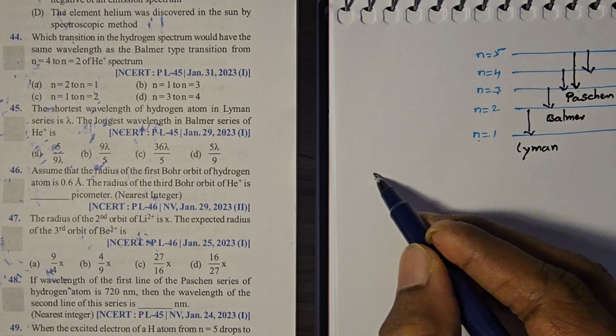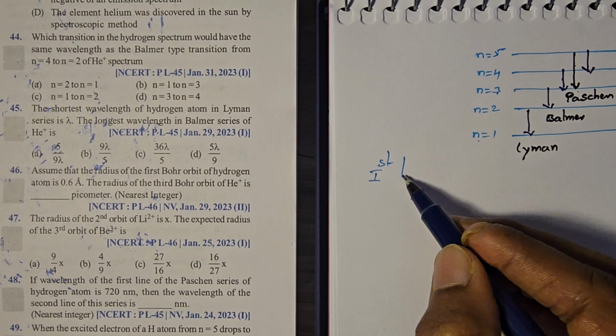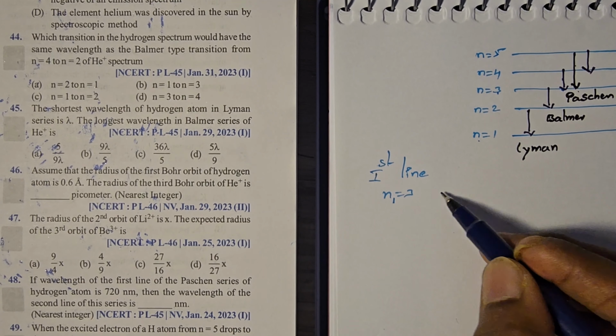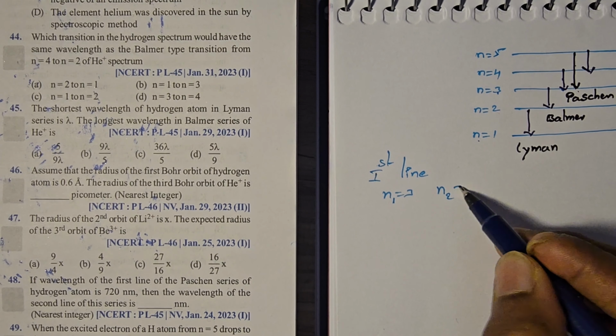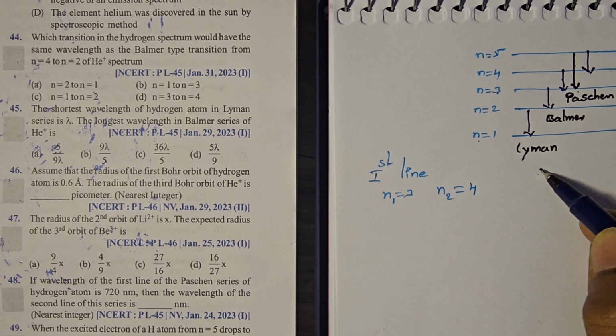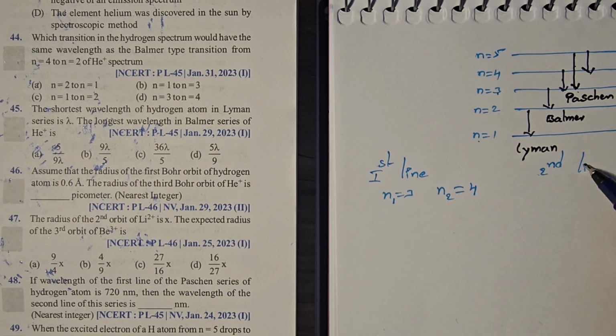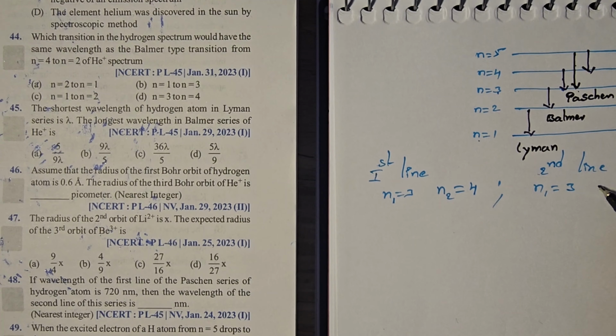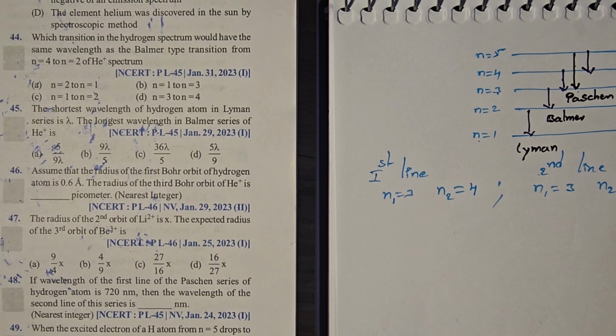So first line: n1 equal to 3, n2 equal to 4. Second line: n1 equal to 3, n2 equal to 5.